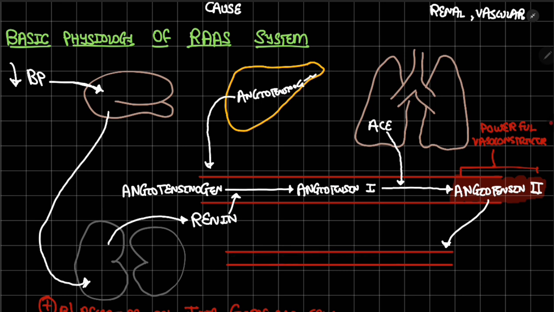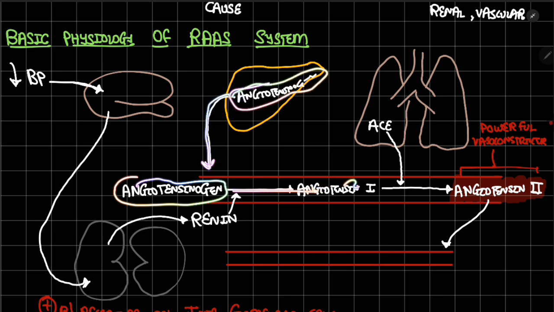So let's revise what the RAS system is. When there is a sudden decrease in the BP, it activates the brain. The brain will stimulate the beta 1 receptor on the kidney, specifically the juxtaglomerular cells. This renin will convert the angiotensinogen, which is obtained from the liver, to angiotensin 1.